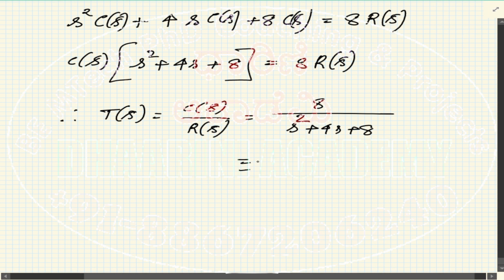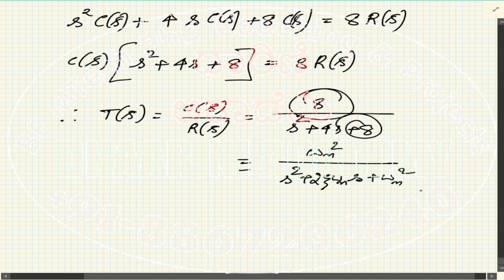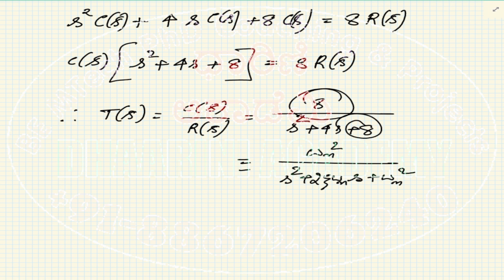So we arrived at the transfer function. This looks like omega n square divided by s square plus 2 zeta omega n times s plus omega n square. It's already in the required format. The 8 which we can see over there gives the required values.